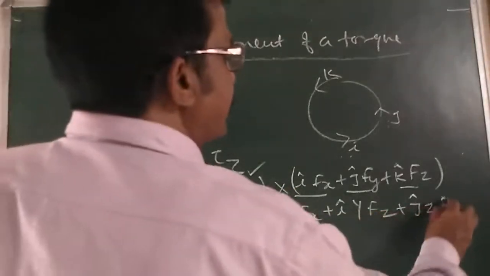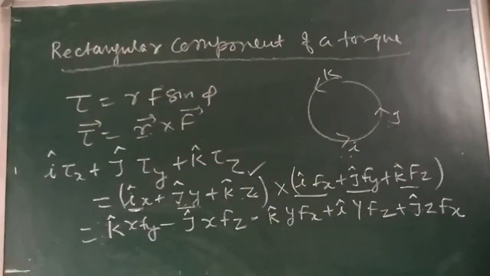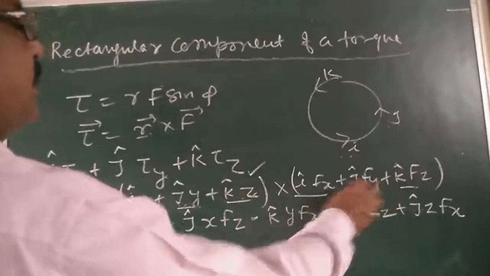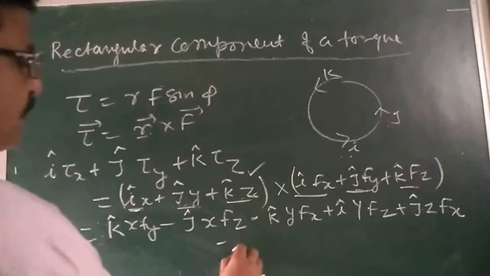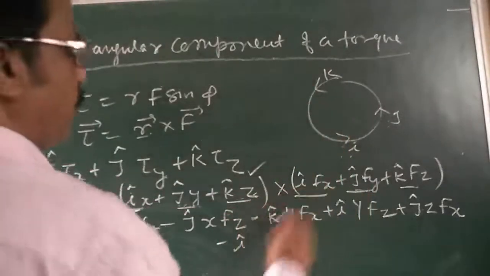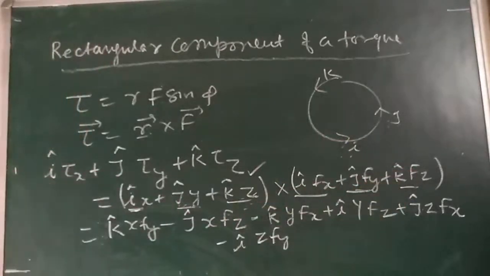Then k cross j is minus i, that is z Fy, so minus i z Fy, and k cross k is 0.